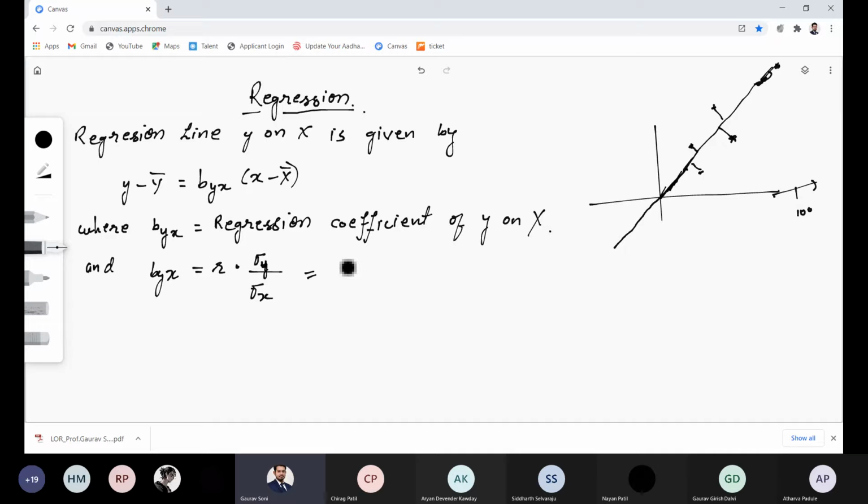R is nothing but the correlation. So the formula for correlation is covariance of xy upon sigma x sigma y, into sigma y by sigma x.